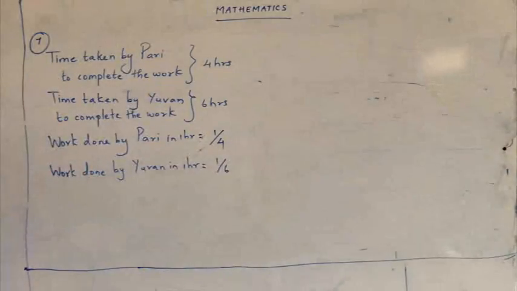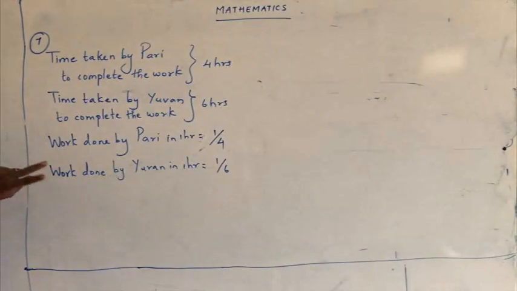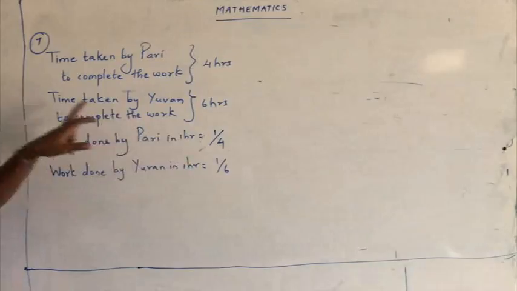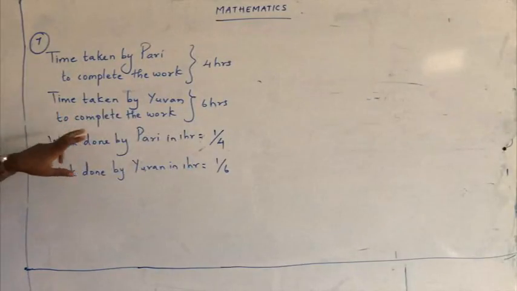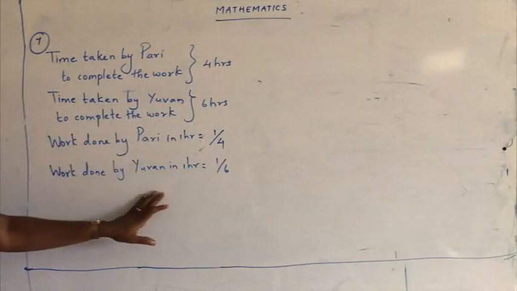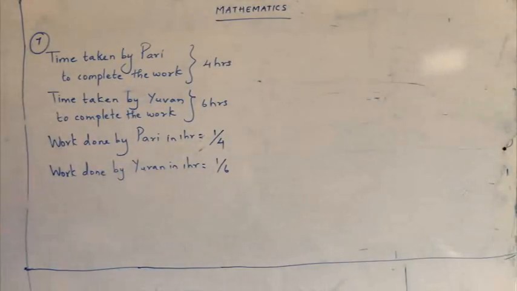So we have got 4 statements from the first 2 statements. The first one was time taken by Pari to complete the work, that's 4 hours, so the work done by Pari in 1 hour becomes 1 by 4. Time taken by Yuvan to complete the work is 6 hours, so in 1 hour he does 1 by 6.